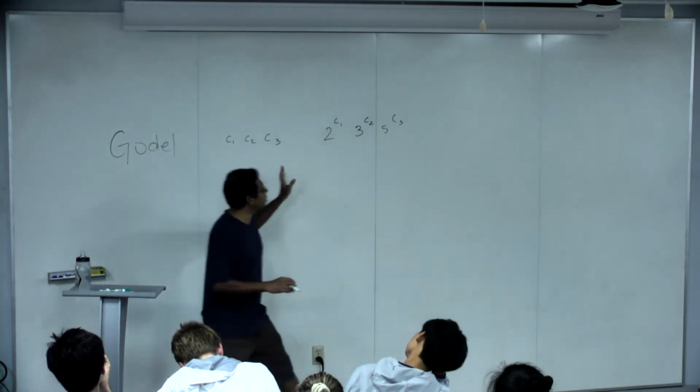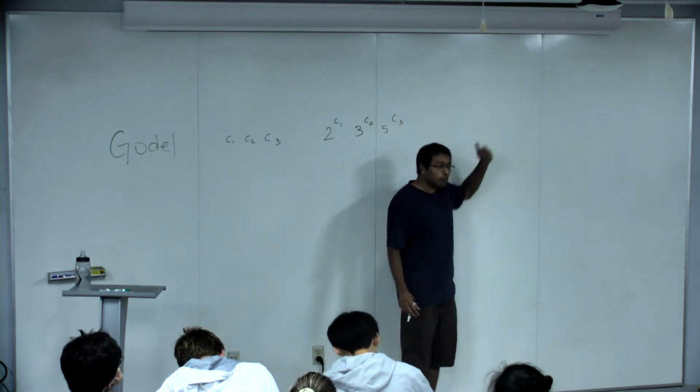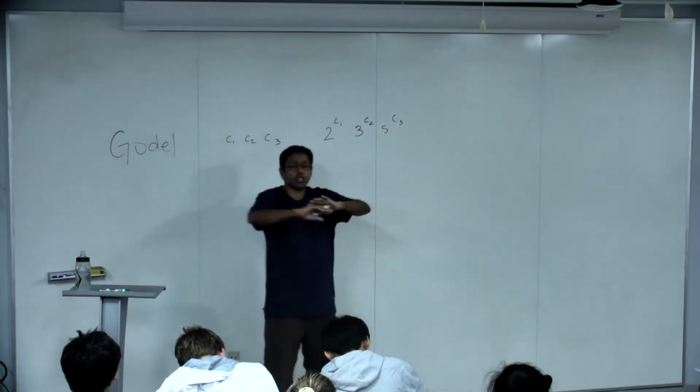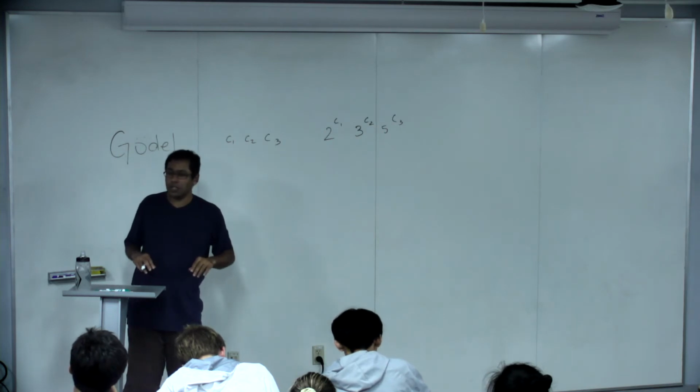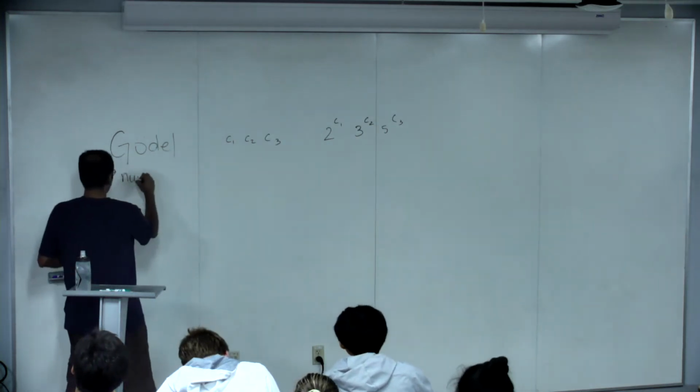So we take some giant number that comes out at the end, and if we refactorize that number, it's going to turn into some set of powers of 2s, 3s, and 5s. There's only one way that can happen, and so from that we can uniquely recover C1, C2, and C3. So this is called the Gödel numbering.